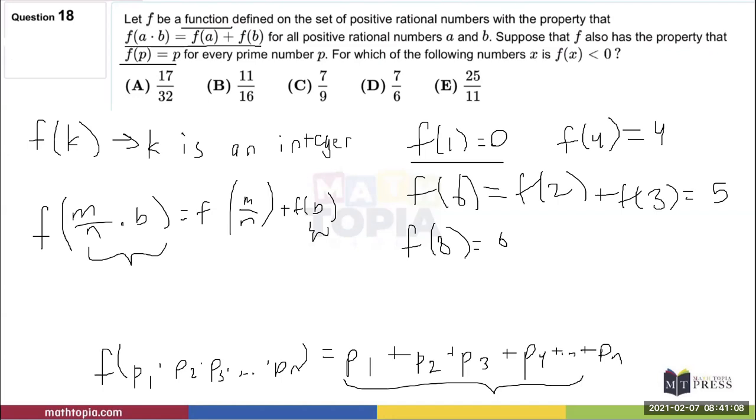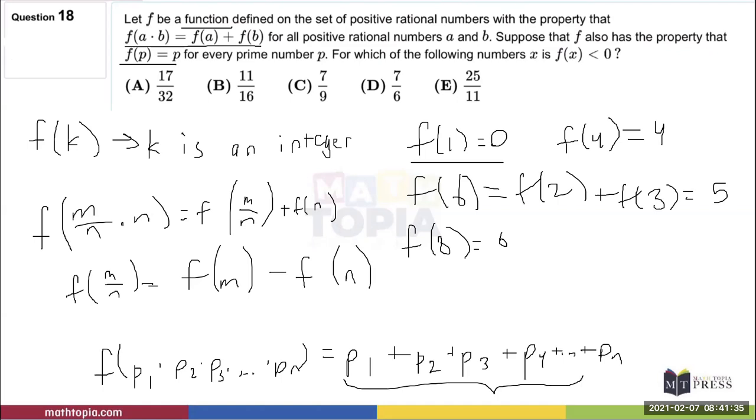But the question is, even if b is an integer, how would we get m over n times b to be an integer? Well, the answer is we'll just make b equal to n, right? Because then the n's would cancel and all we're left with is m. So this part here is only just going to become f of m. So we get that f of m over n is equal to f of m minus f of n.